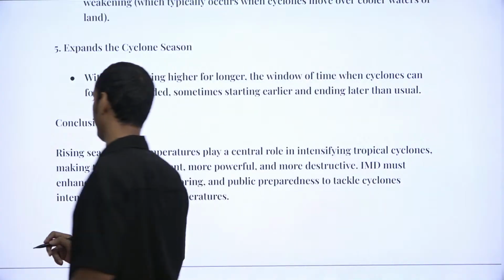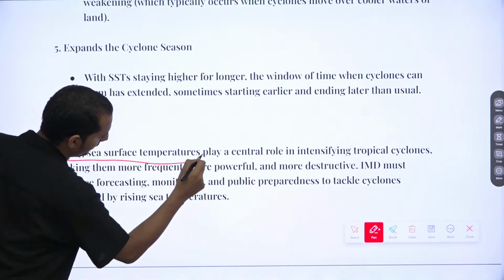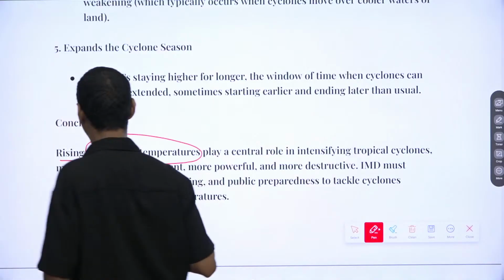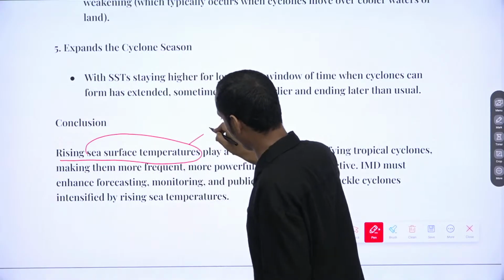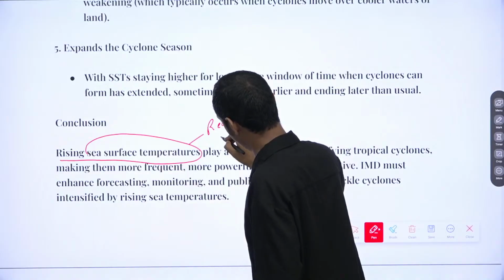Now, what can you do in the conclusion? You can mention that we need to reduce sea surface temperature by reducing global warming.